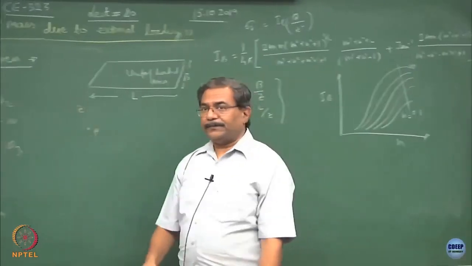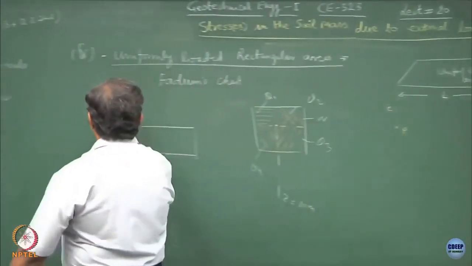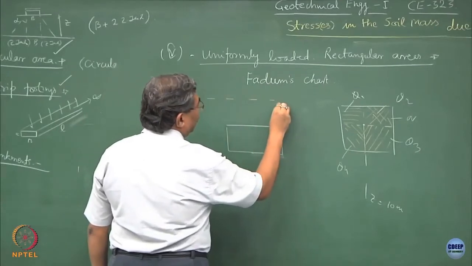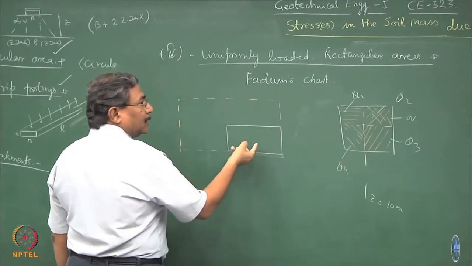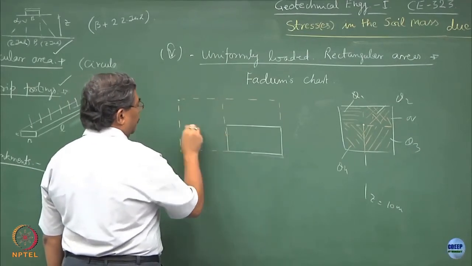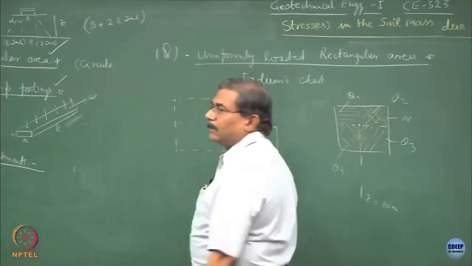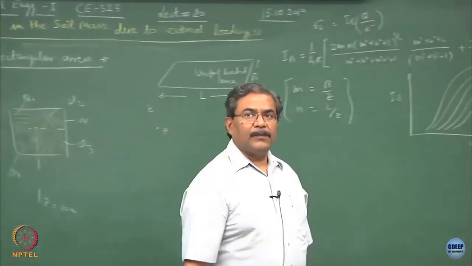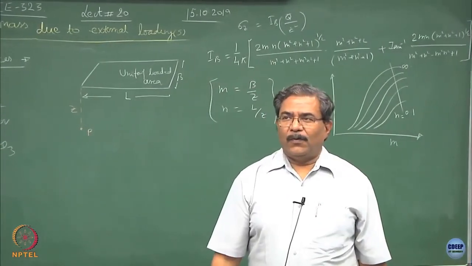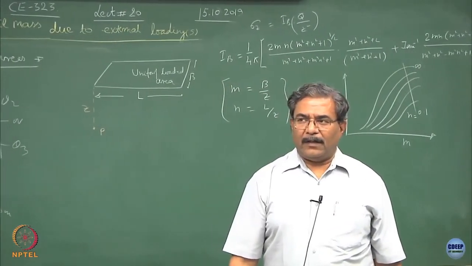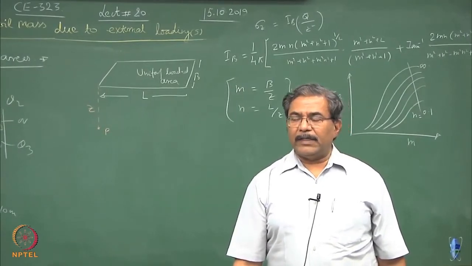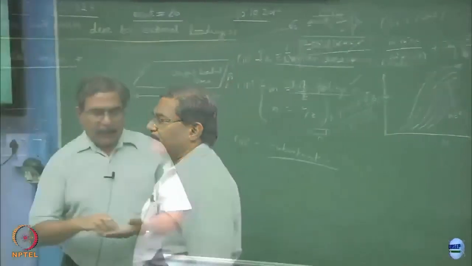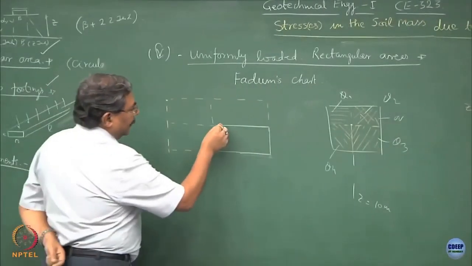Is this okay? So, I can do it like this. I have made this section a subset of a bigger square, and I can solve it. Apply your mind a bit and try to understand in what way the context of the application of Fadam's chart has changed. The loaded area is only this much, agreed?